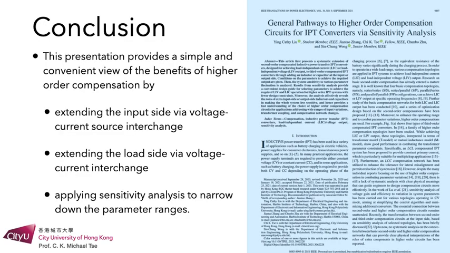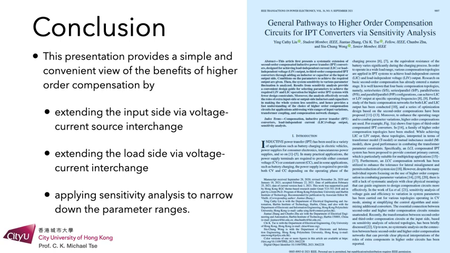So in conclusion, this presentation provides a very simple and convenient view of the benefits of higher order compensation. First of all, by expanding the input side via voltage current source interchange, and also extending the low side or the output side also by exchanging the voltage and current.